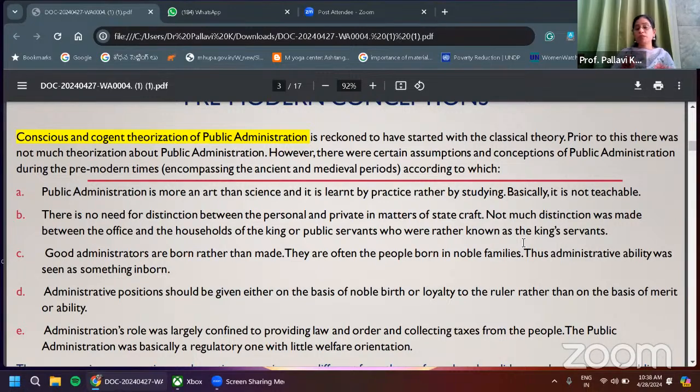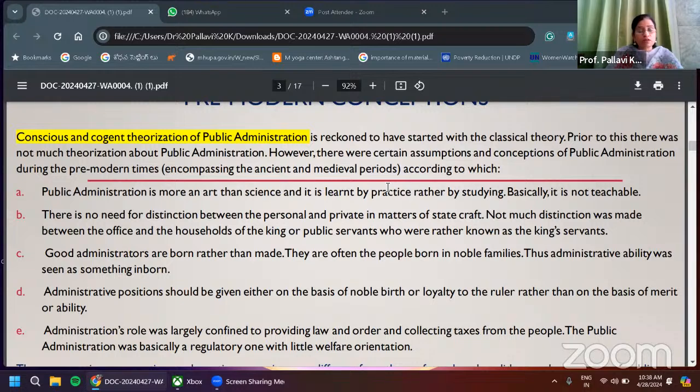What he said was supreme, what he did was correct, whether in public or in private, he exercised certain authorities. So that was the basic concept. Then there is no need of distinction between personal and private matters.